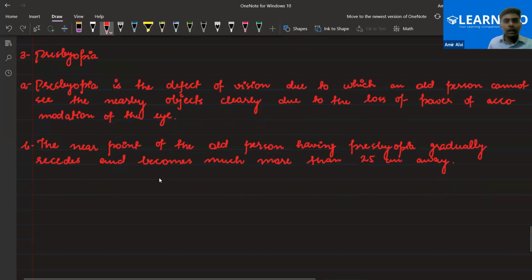Okay, Shazil? Next, presbyopia can be corrected by using the convex lens as well as the concave lens. So that kind of lens is called a bifocal lens. Bifocal lens. Okay.